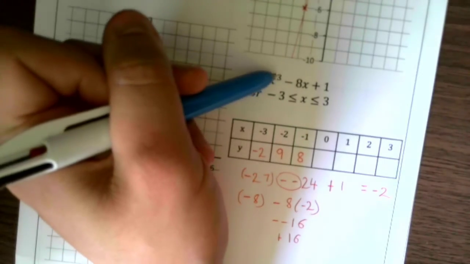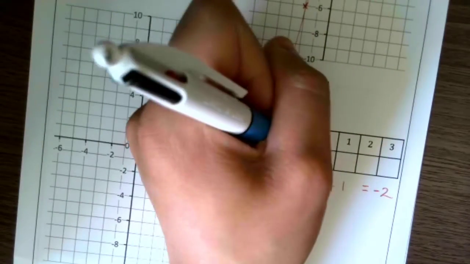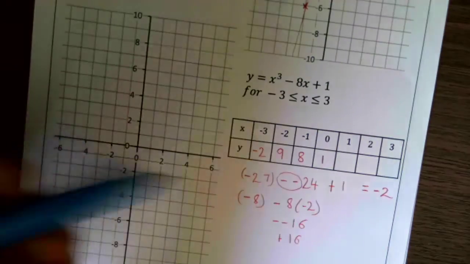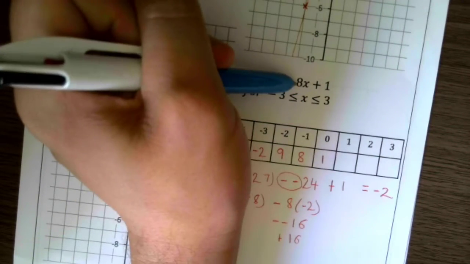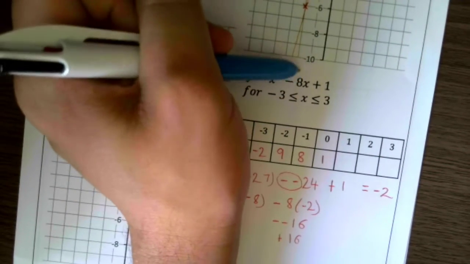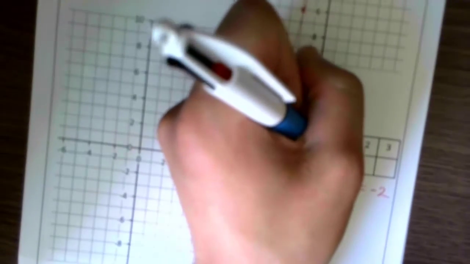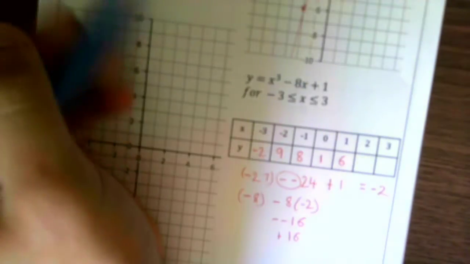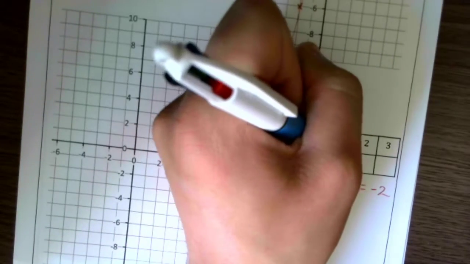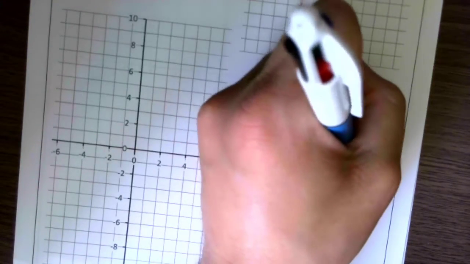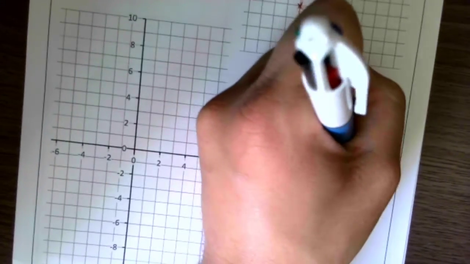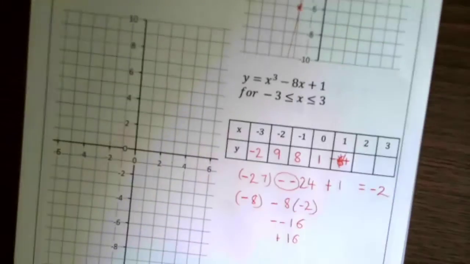0 cubed, 0. Take away 8 times 0 is 0, plus 1 is 1. 1 cubed is 1. Take away 8 times by 1, so this time we are going down. That's going to be negative 7, plus 1 is... oh no, sorry, it's 1 take away 8 is negative 7, plus 1 is negative 6. So be careful there, easy to make a mistake.